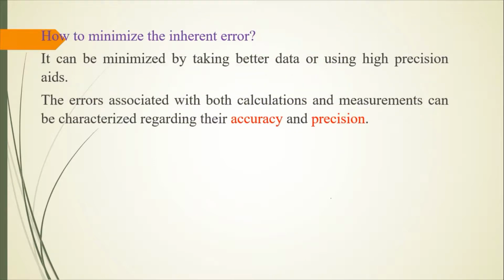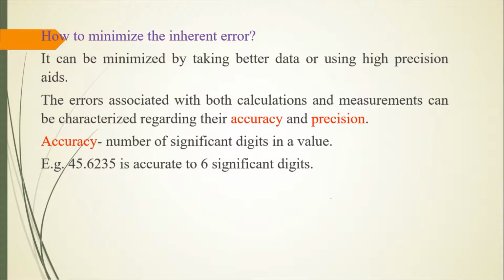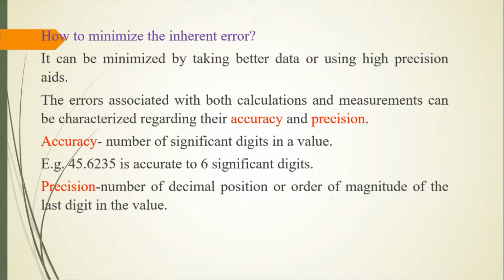Actually, the error associated with both calculation and measurement can be characterized regarding their accuracy and precision. Accuracy refers to the number of significant digits in a value. For example, this number 45.6235 is accurate to 6 significant digits, and precision refers to the number of decimal positions or order of magnitude of the last digit in the value. For example, in this number, precision is 10 to the power minus 4.